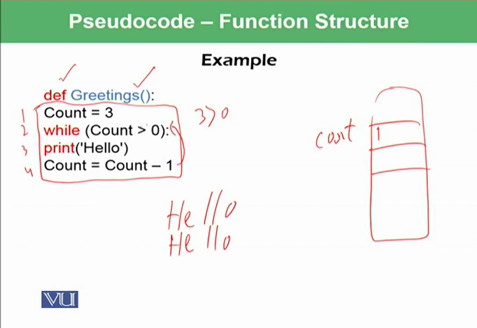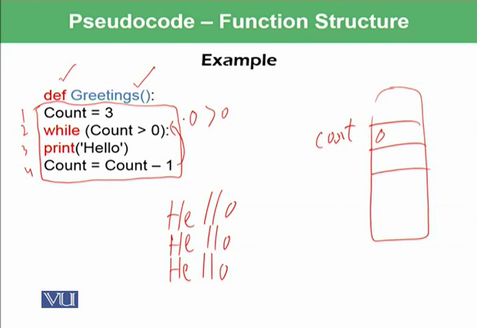Then it goes back, while count is greater than 0. So 1 is greater than 0. Yes, this condition is again true. Then it will again print hello, and then count will become 0 with the statement count is assigned count minus 1. Then it comes upward again, and 0 is greater than 0 is false. This means this function is going to be terminated.